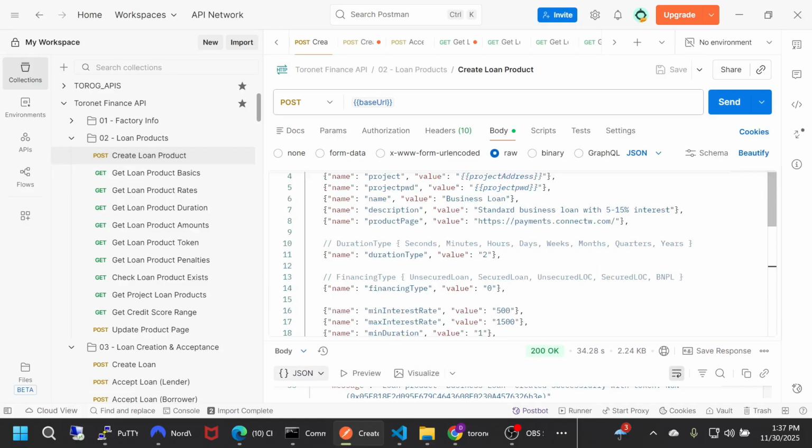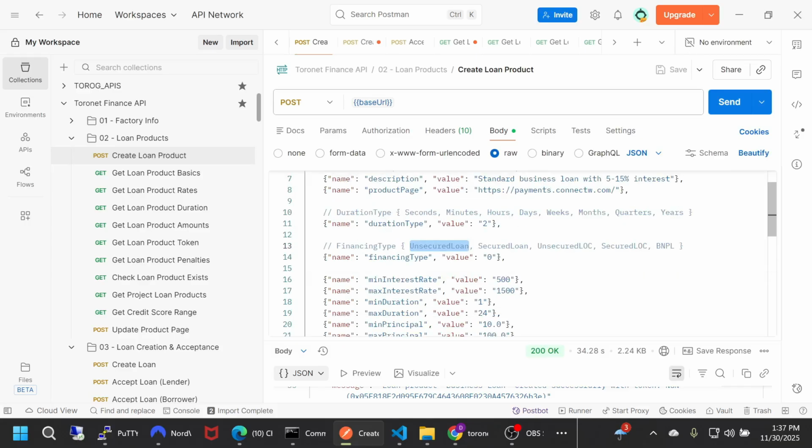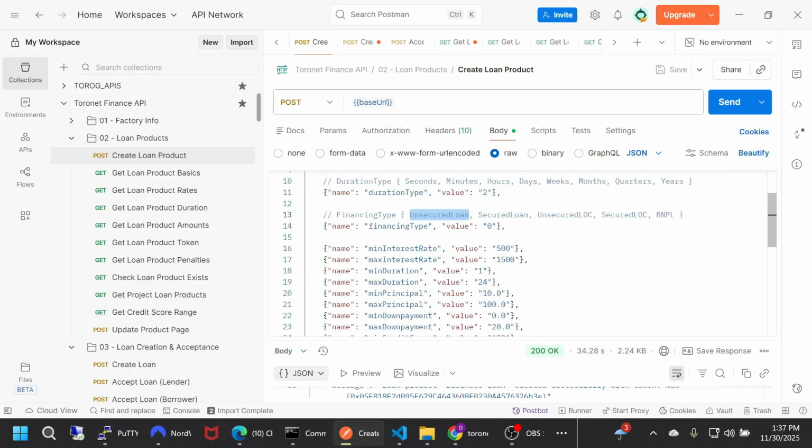When a loan is of type regular loan, this interest is over the span of the life of the loan, right? For line of credit, the interest rate is supposed to be inputted on a monthly basis or on a duration basis. So if the duration is monthly, then that is the interest rate for the month, because the line of credit really is just a rolling loan.